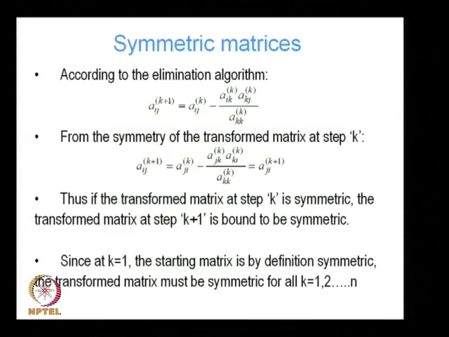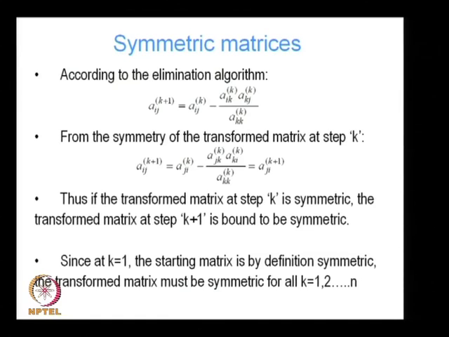Aij at k plus 1 is equal to Aij at k minus Aik at k times Akj at k divided by Akk at k. We encountered this transformation relation in our last lecture.